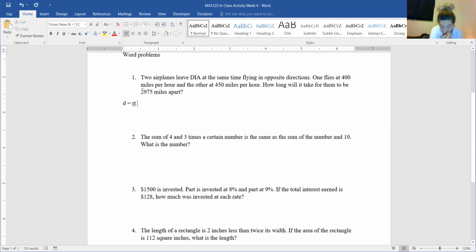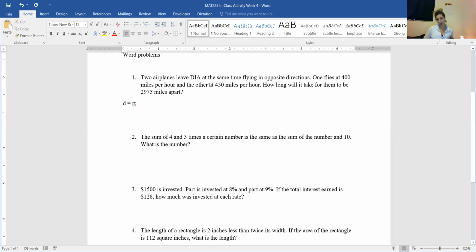But they will be flying the same amount of time, because we're asking how long will it take for them to be that far apart? So if we use that formula, then it's going to be the sum of the distance flown by the one going 400 miles an hour and the distance flown by the one going 450 miles per hour.